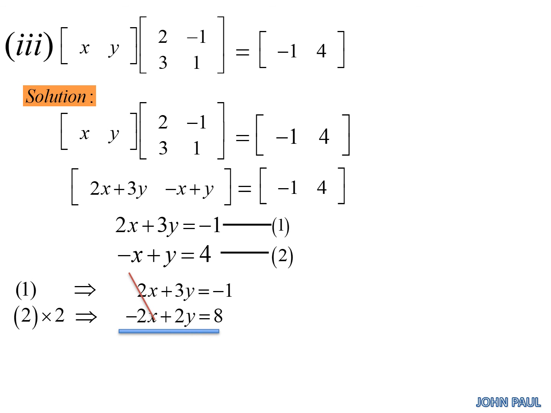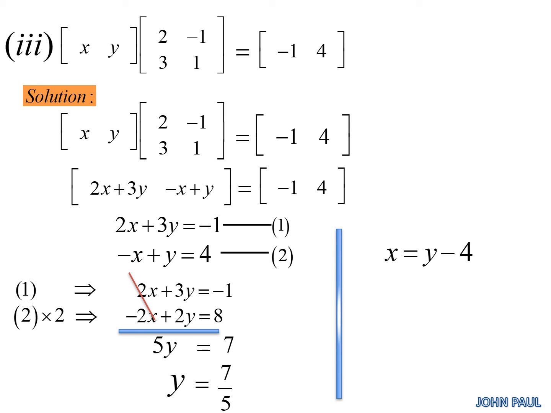By cancelling x, 5y equal to 7, y equal to 7 by 5. Considering the second equation, x equal to y minus 4. Substitute y as 7 by 5, therefore x equal to minus 13 by 5.